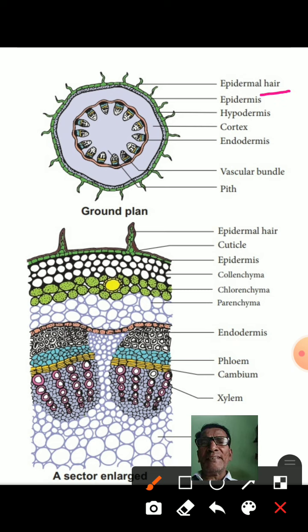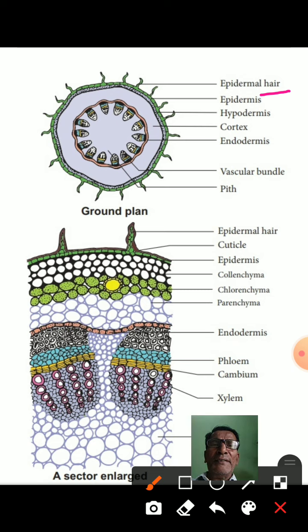The green colored part is the epidermis, the outermost protective covering of the stem. Just like the skin of our head and hand shows hairs, this epidermis also has epidermal hairs, or we can call them stem hairs.